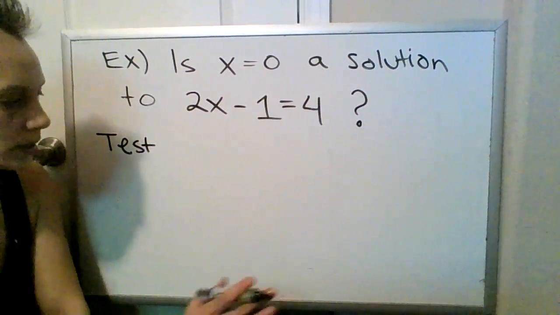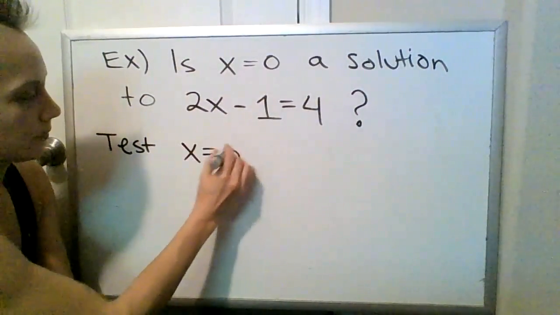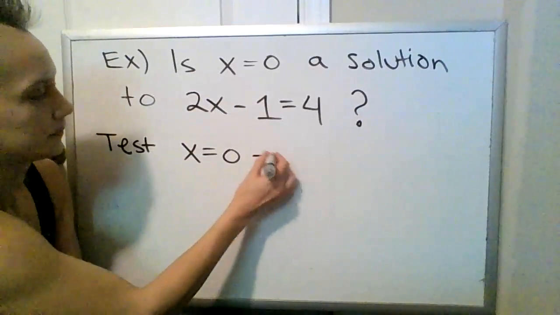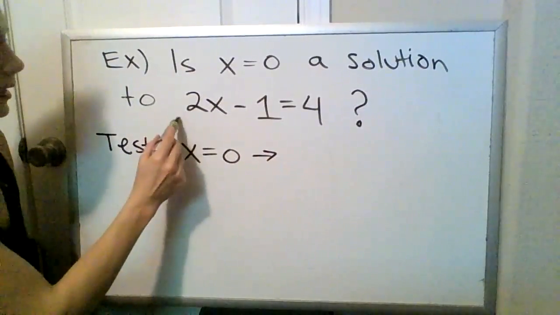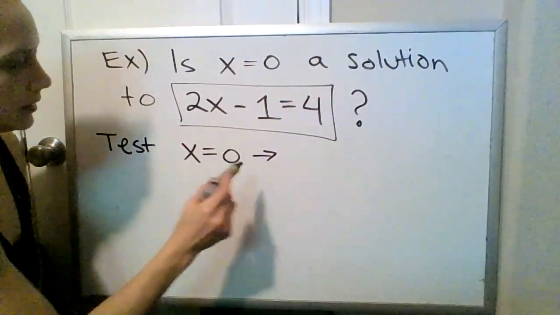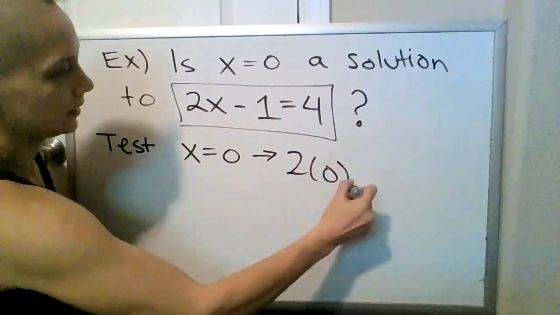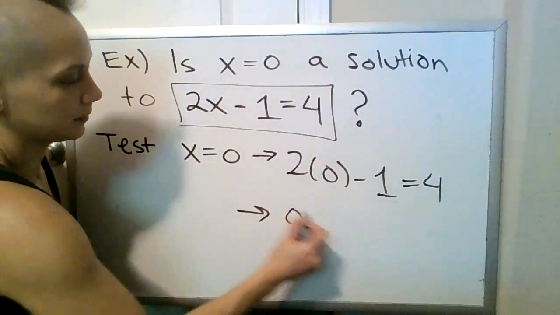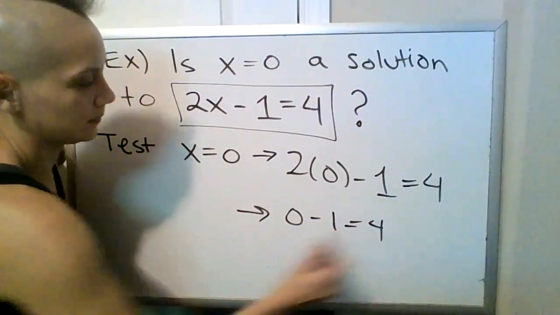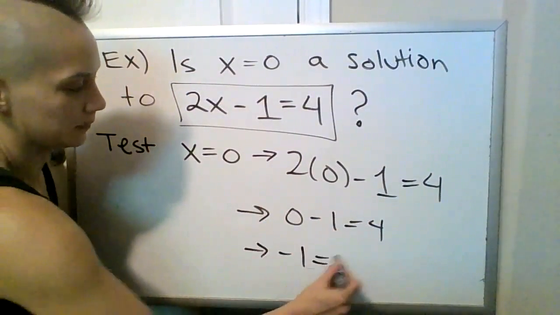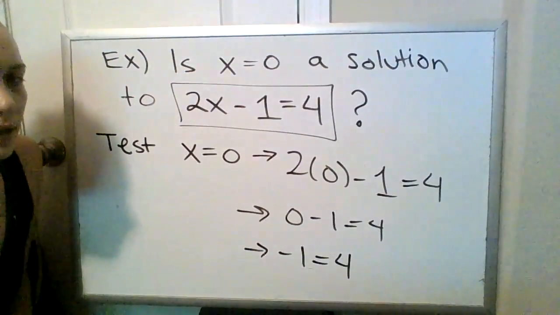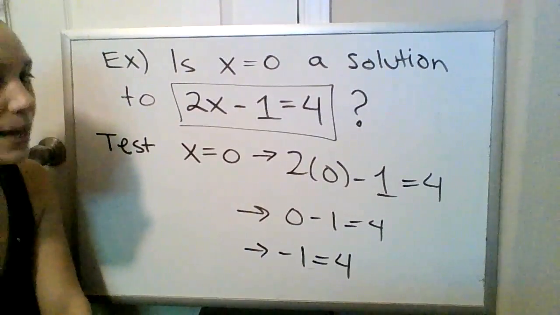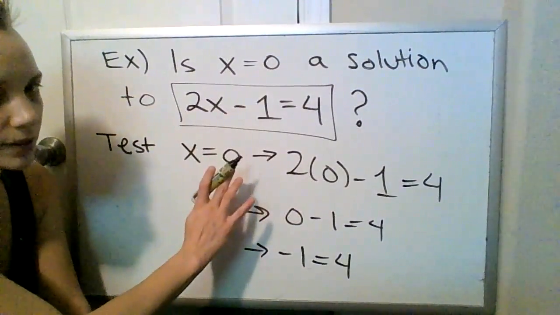So we're testing x equal to 0. That's my variable. Into this equation, what we have is negative 1 equal to 4, which is false. And that means that this is not a solution.